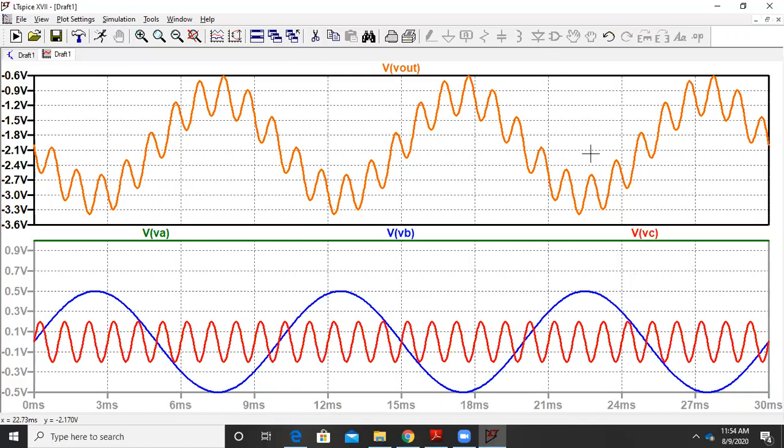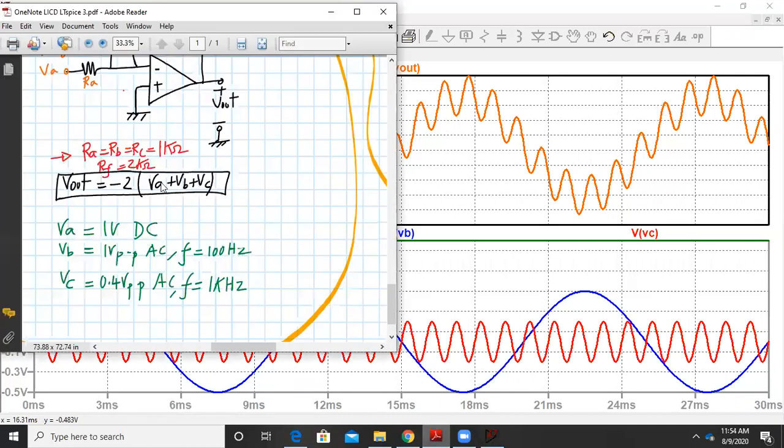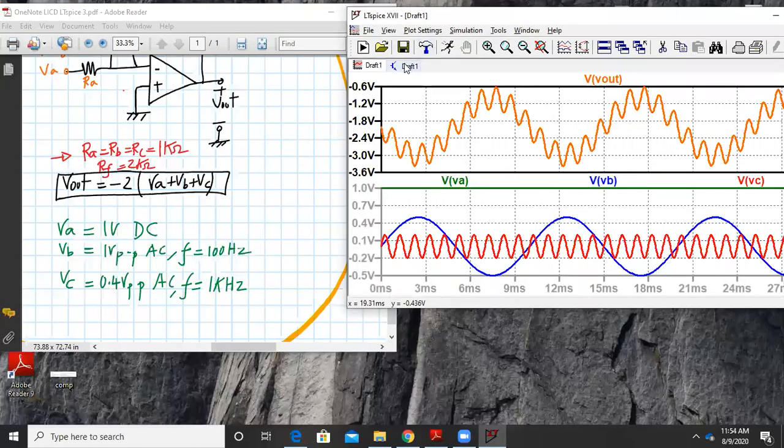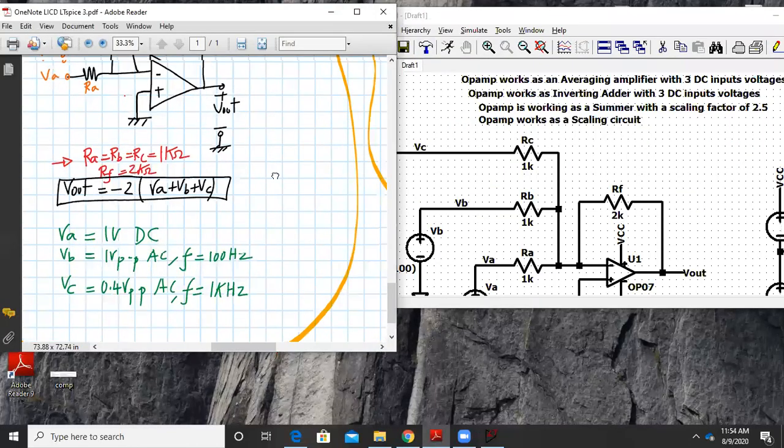So the op-amp is working well with both AC as well as DC inputs. You can also verify this amplitude and check whether it's working with the help of this formula or not.